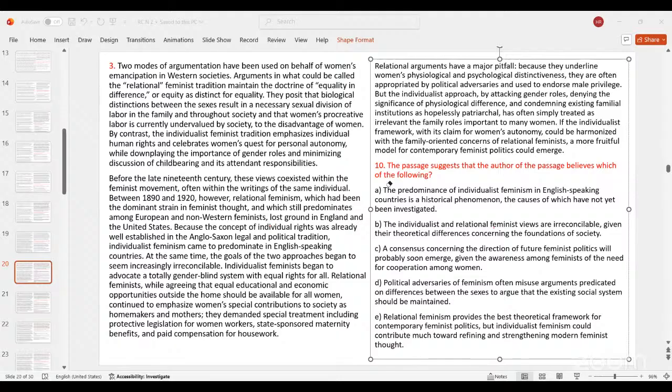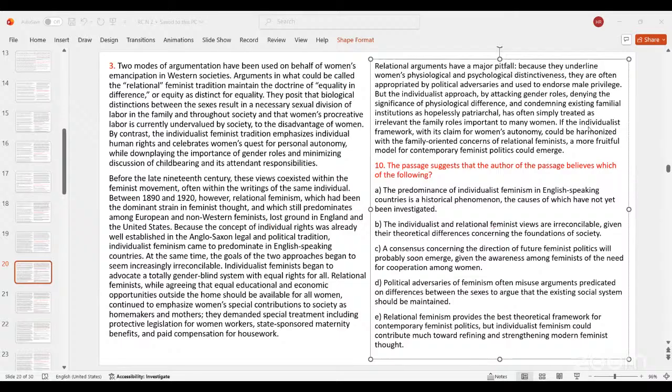People, do you want me to explain how come D? Okay, Chaitanya. So, Chaitanya, what have we derived from the passage? That they have arguments, but they want equality. However, they are unable to maintain rights. So ultimately, what it says here, the relational arguments have pitfalls, and so on.